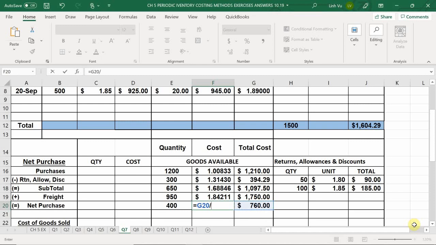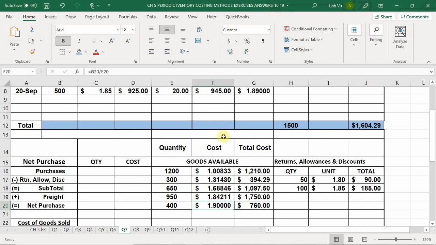So therefore, what is going to be my new cost per item? $1.90. Okay. Good.